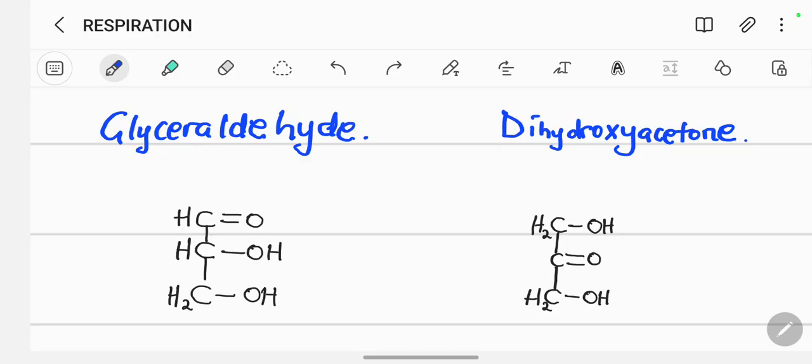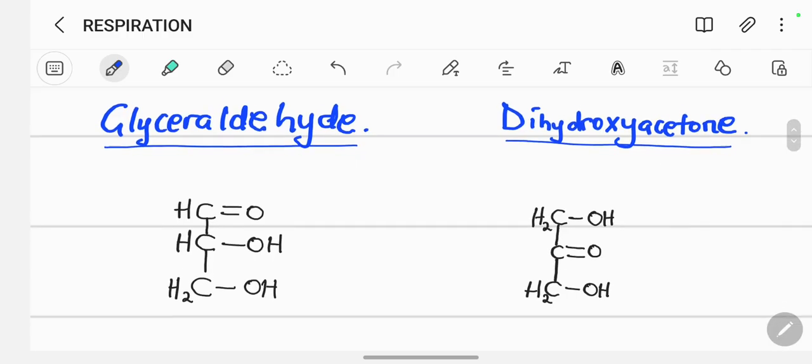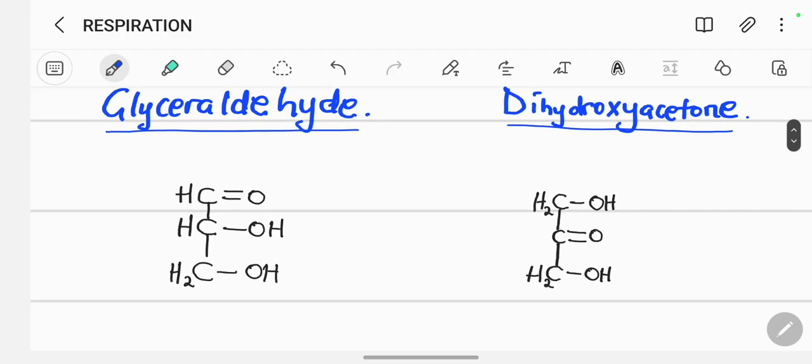So this is it. I'm having glyceraldehyde here and dihydroxyacetone there. So there are 3 carbon compounds.